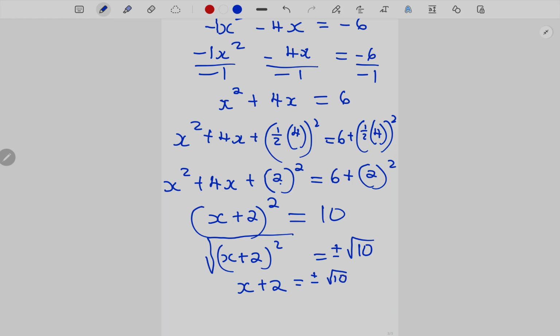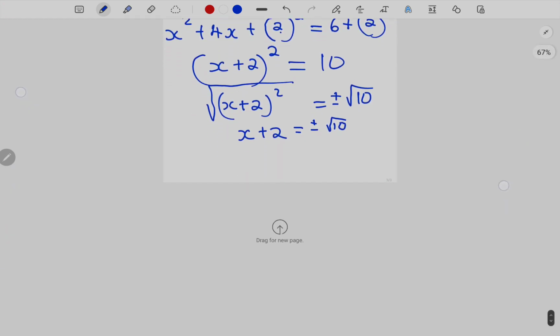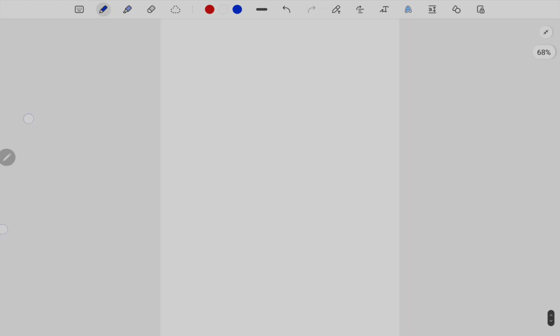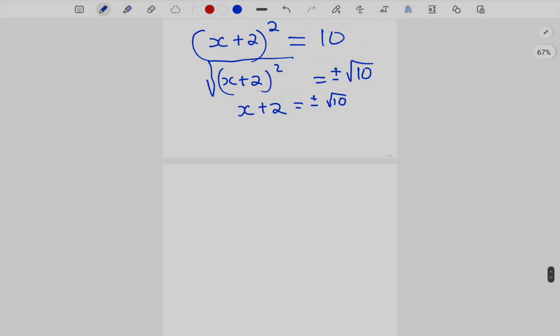Okay, and then lastly, we're going to solve for x. So x is equal to, when we take this positive 2 to the other side, it becomes negative 2. So x is equal to negative 2 plus or minus root 10.